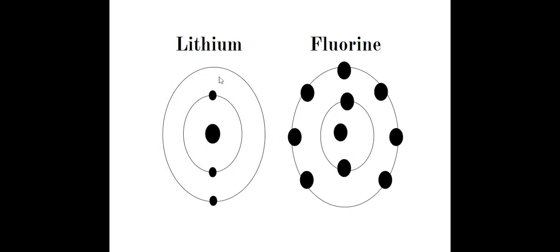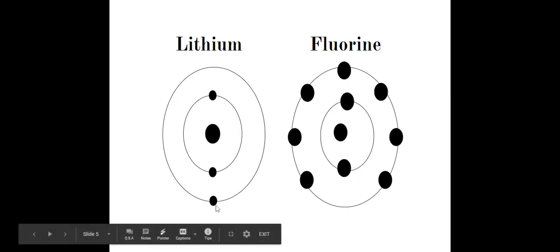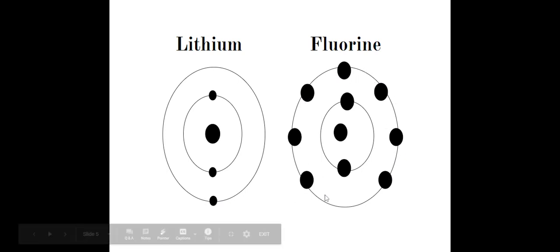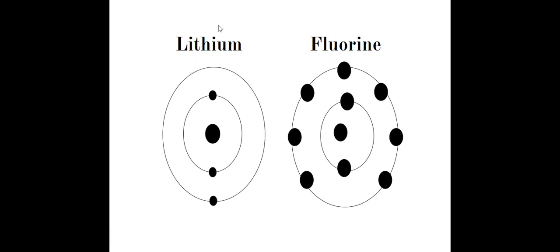So in this example here, we have lithium and fluorine. Much like sodium and chlorine, lithium only has one valence electron and fluorine has 7. Remember that valence electrons are the electrons that are located on the outermost ring. Lithium is a metal and fluorine is a nonmetal.